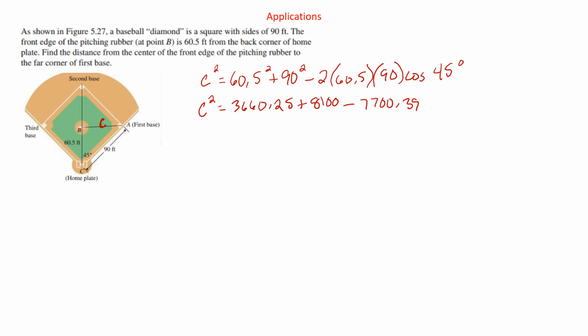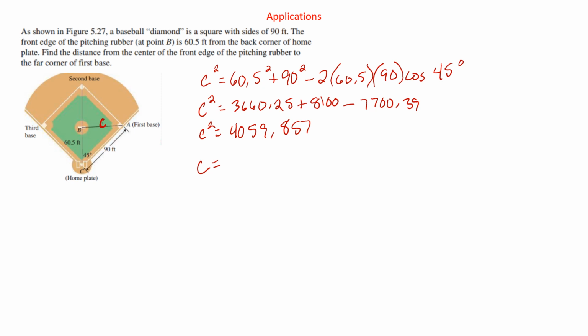So 3660.25 plus 8100 minus that 7700 gives us that c squared is 4059.857. Then we just need to square root that.